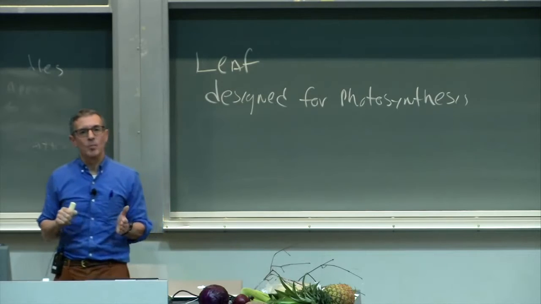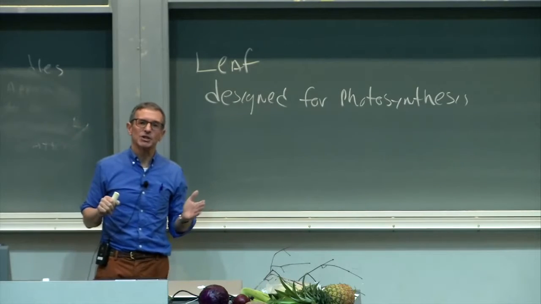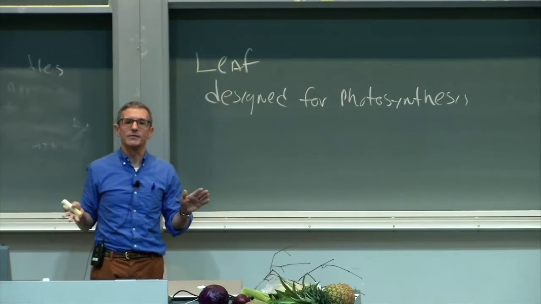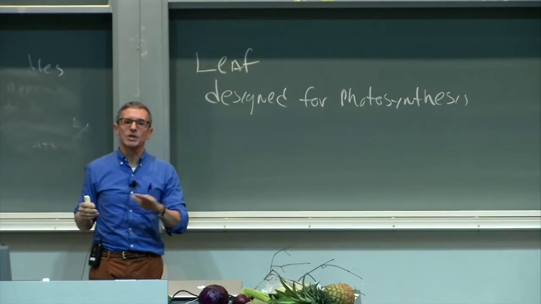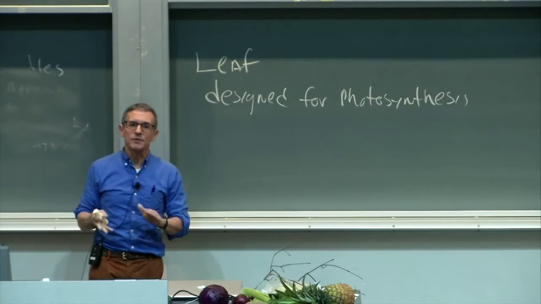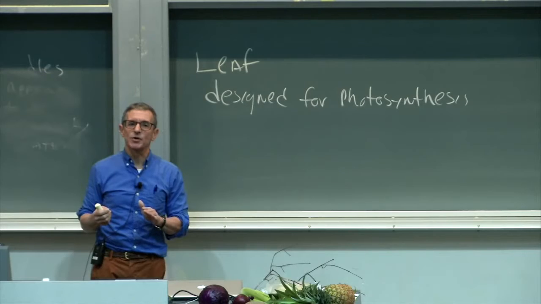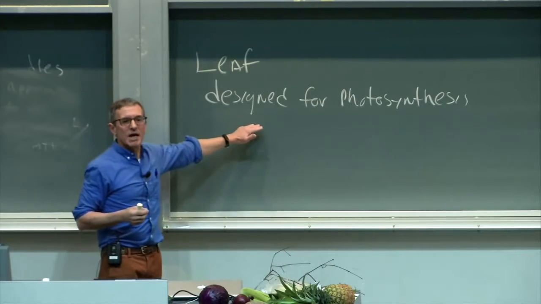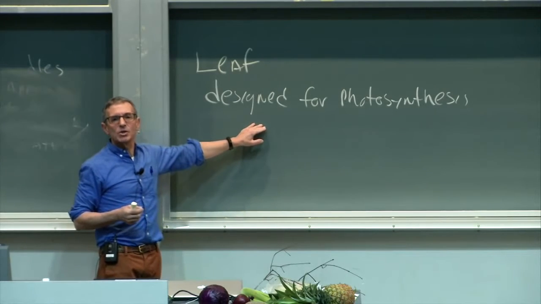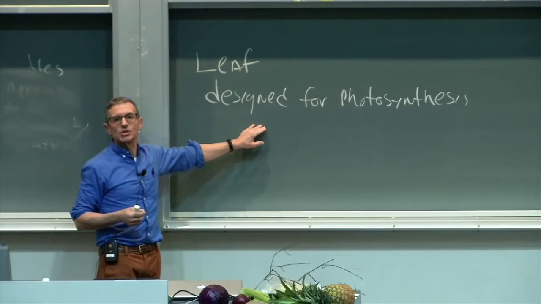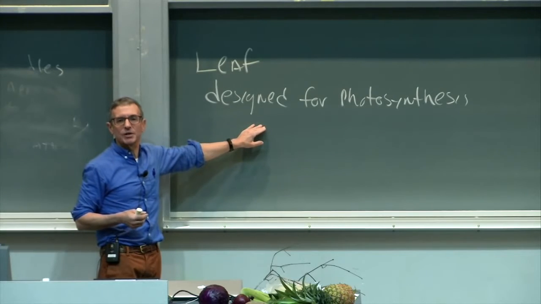And you may recall back to the discussion where we talked about the hairs on leaves. Those are structures which have been put onto the leaf to influence the amount of light which gets to the leaf surface. So leaves are designed for photosynthesis, but they can also undergo many modifications to allow them to adapt to particular environments.